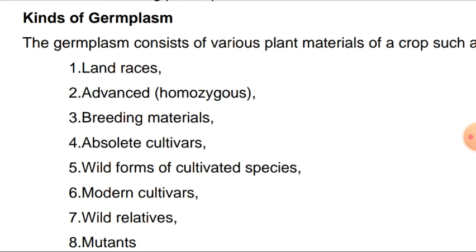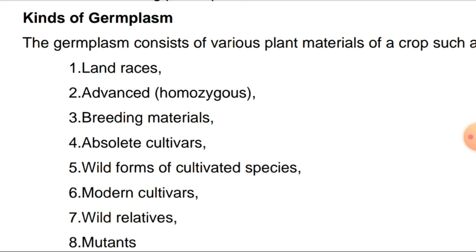Land races are primitive cultivars or initial cultivars which are selected and cultivated by the farmers. For many generations they cultivate that particular variety. They follow the selection process, and with its help better plants are collected, harvested separately, and grown year after year or generation after generation.